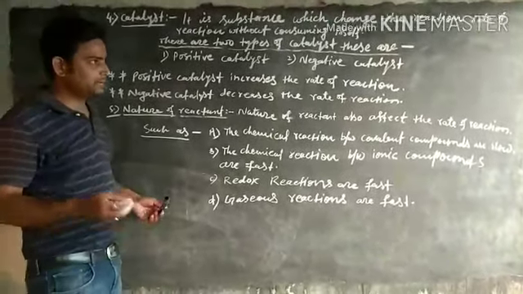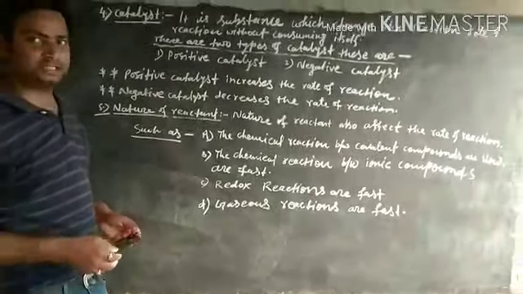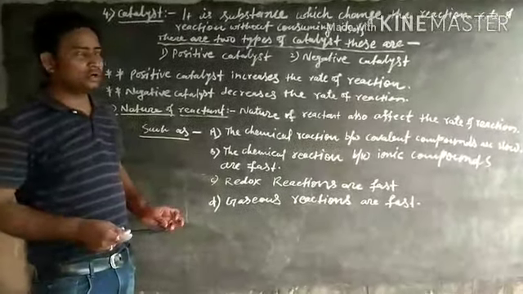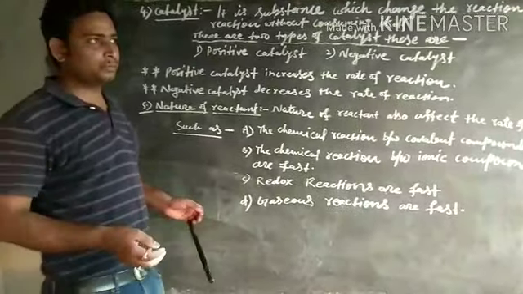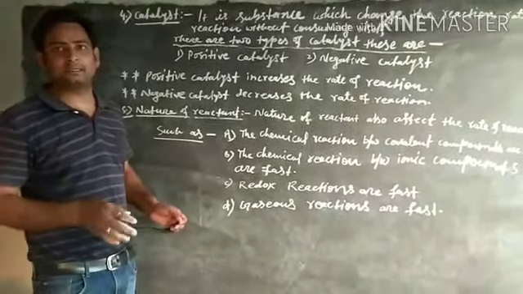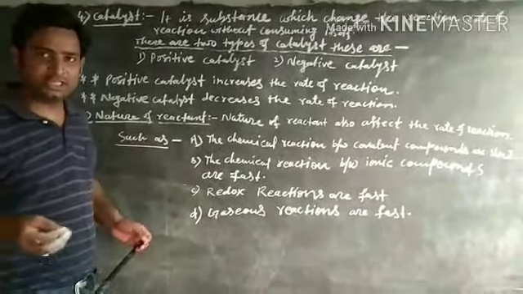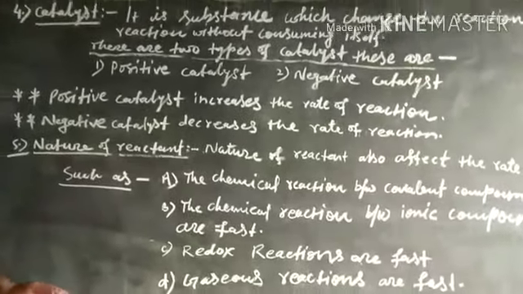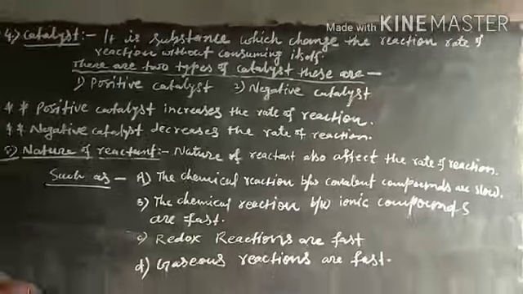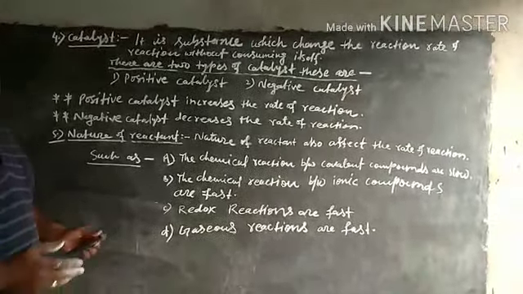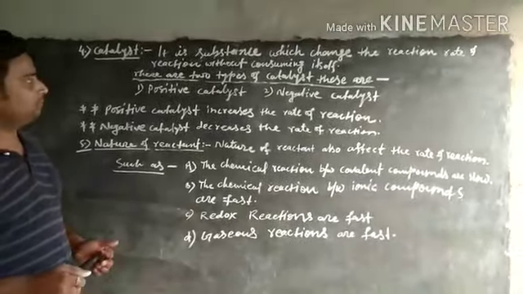Means in a chemical reaction, the catalyst does not consume itself, without participating in the chemical reaction. A catalyst changes the rate of reaction. Either a catalyst increases the rate of reaction or decreases the rate of reaction.